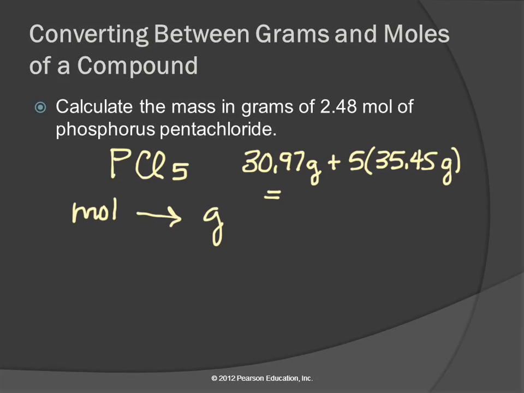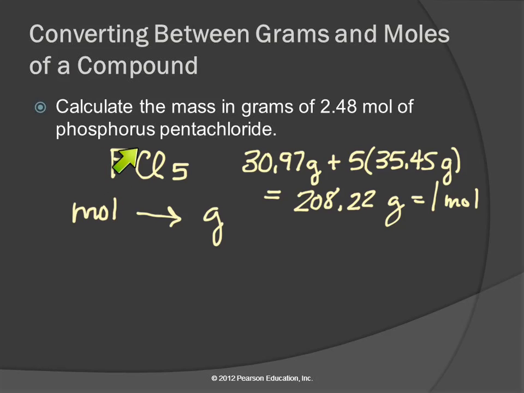And so let's see what that adds up to. 208.22 is what the calculator says. So that equals 1 mole for this compound.